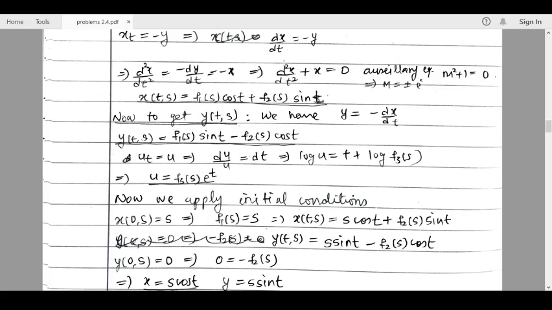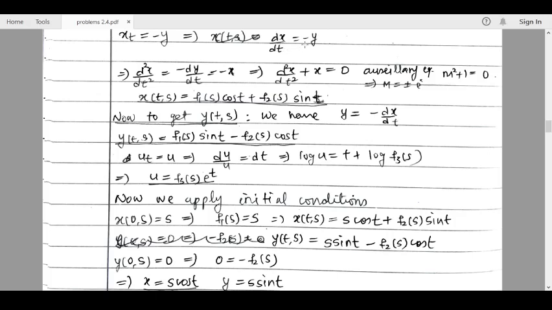So the solution is again a linear combination of sin t and cos t, and the constants will be functions of s. So x is equal to, it is just like c1 cos t plus c2 sin t, but instead of c1 and c2 we will write f1 of s and f2 of s. So we got x. Now to get y, again we need not integrate, because here we have the relation that dx by dt equal to minus y.